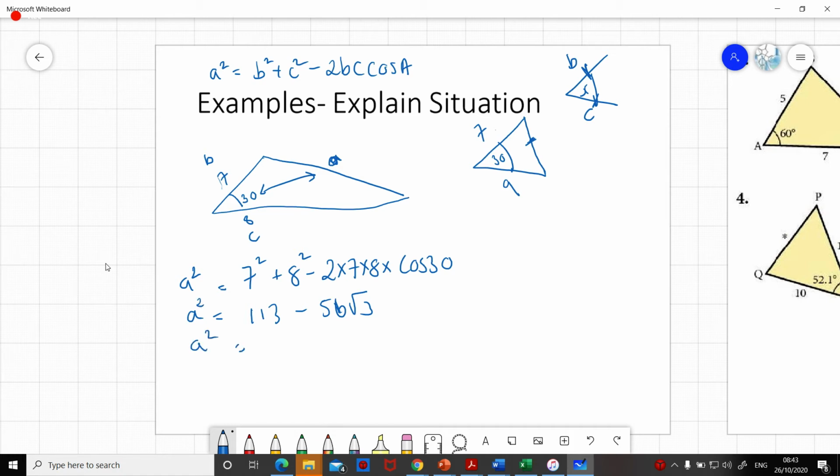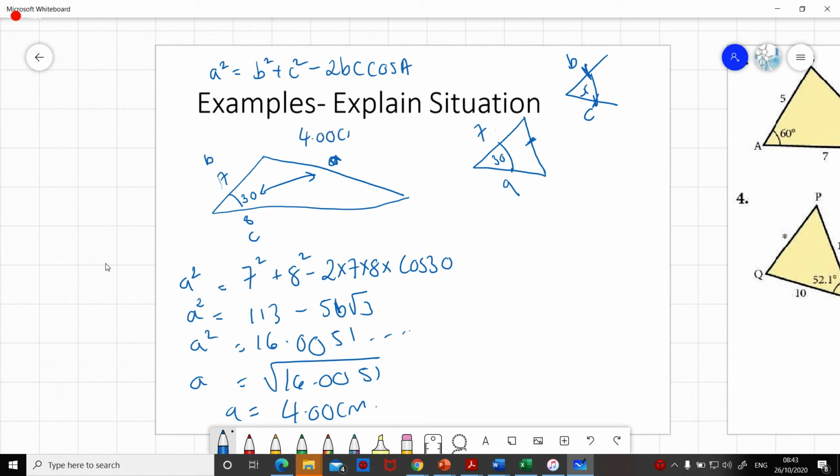Then I subtract that from 113, which is 16.0051... Obviously, I don't want a squared, exactly like Pythagoras at the end. So I square root this answer, and to 3 significant figures, a is 4.00 centimeters.